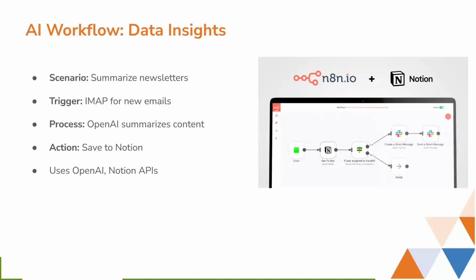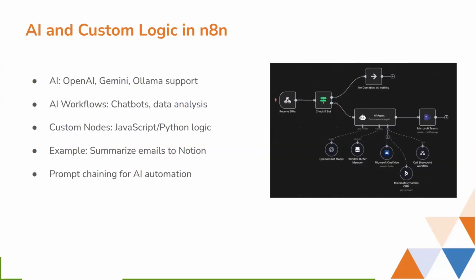So in this case, say you have a newsletter, and you set up one workflow that will be triggered when you receive a newsletter, which will summarize it with the help of an OpenAI model or any other AI model. After summarizing, you can store it in Notion, Google Sheets, or Airtable, and there are a lot of options.